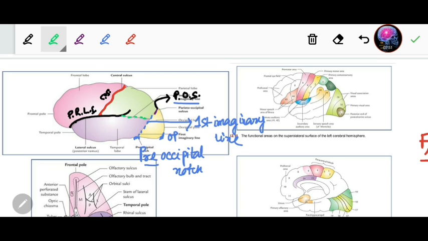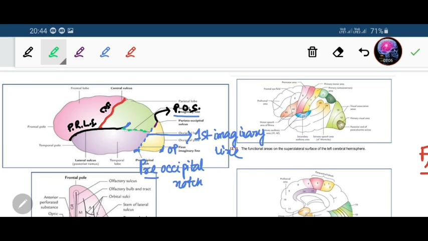The most posterior part of the lateral sulcus is rather upwardly curved, so the horizontal part is posteriorly continued as the second imaginary line. So this is the second imaginary line.